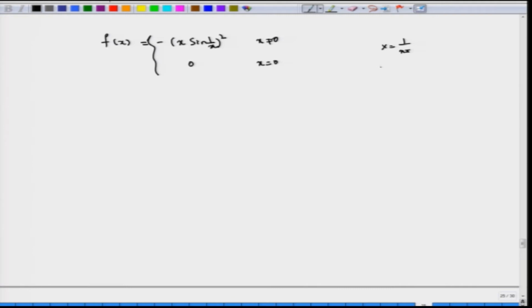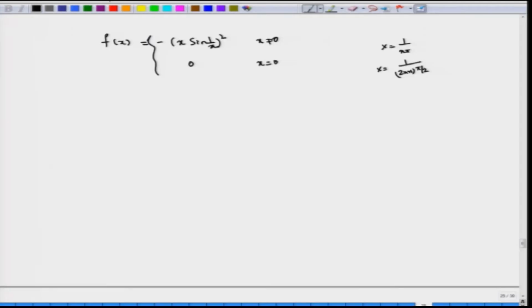And if you take x to be 1 by (2n plus 1) pi by 2, then this is going to give you a negative number, because the sine is going to be 1. So for n large, you are always going to get 0 inside any small neighborhood of 0.